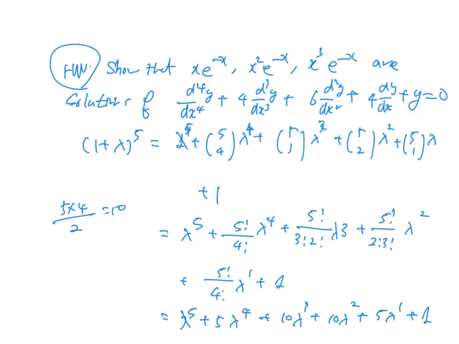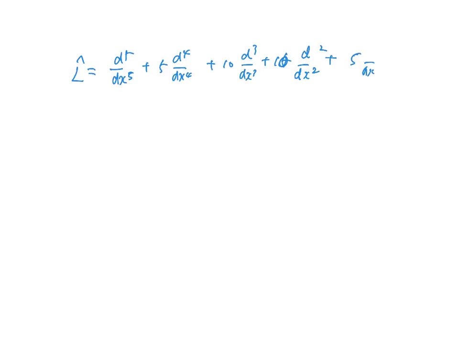So we have L as d5 over dx5, plus 5 d4 over dx4, plus 10 d3 over dx3, plus 10 d2 over dx2, plus 5 d over dx, plus 1. So L is a fifth order linear ordinary differential equation.